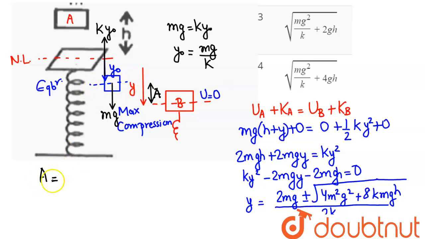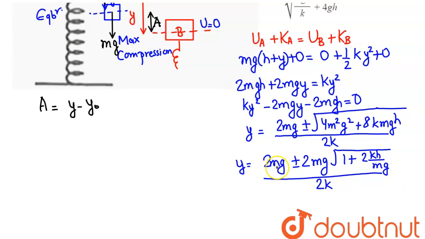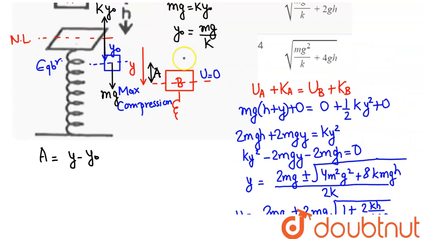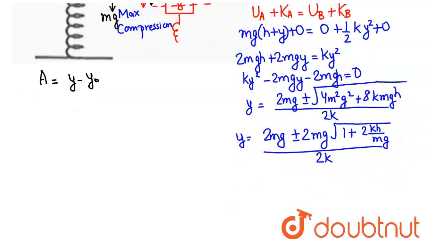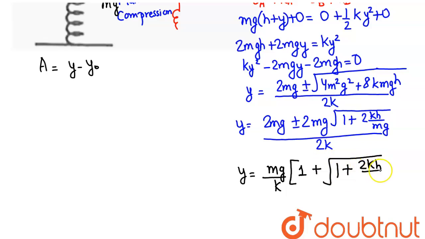So this gives us amplitude as y minus y0, where y is greater than mg by k. Cancelling by 2 and taking mg common, this comes as mg upon k times 1 plus root under 1 plus 2kh divided by mg for maximum compression.